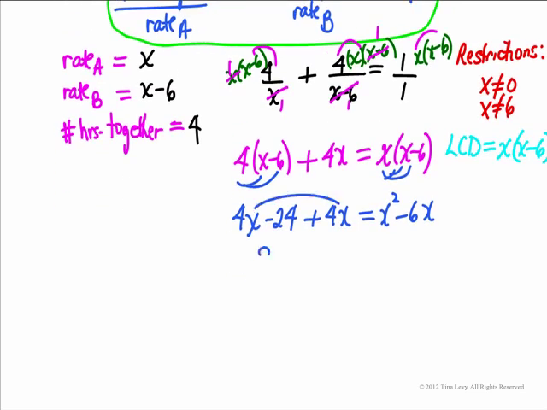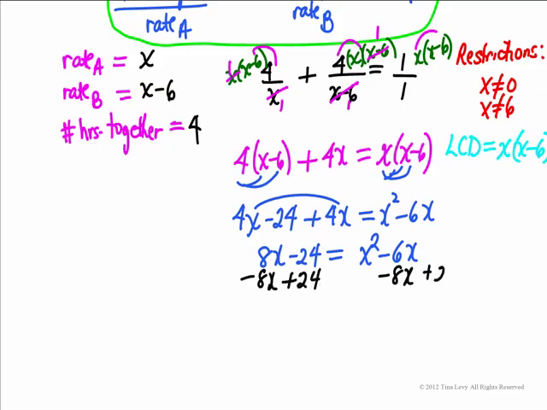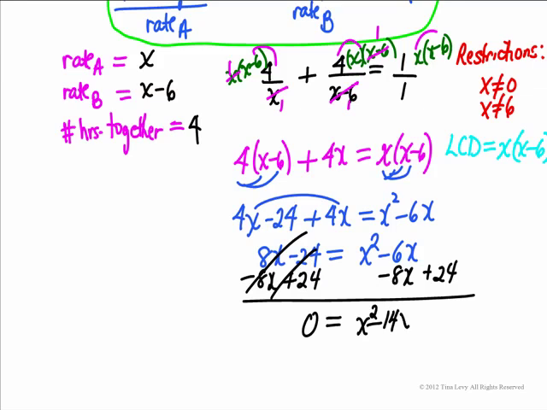We have 8X minus 24 is X squared minus 6X. The minute we see it's quadratic, we're going to get a 0 on one side. So we subtract 8X. We add 24. And the whole purpose was to get 0. And we have X squared minus 14X plus 24.